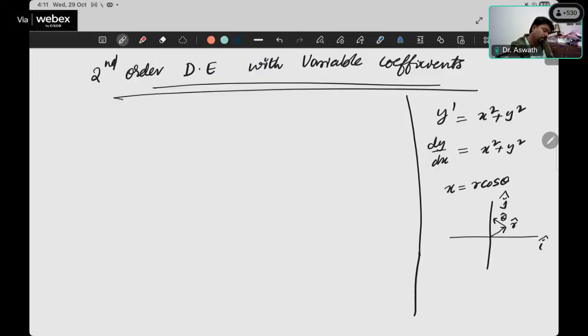If I introduce it that way, a small change in x would be a small change in r cos theta, which would be dr cos theta plus r times the small change in cos theta.